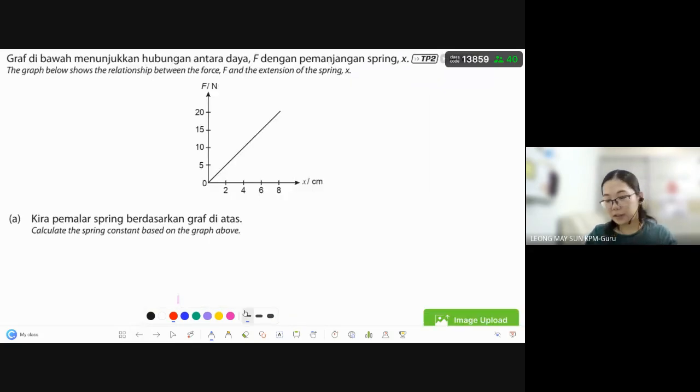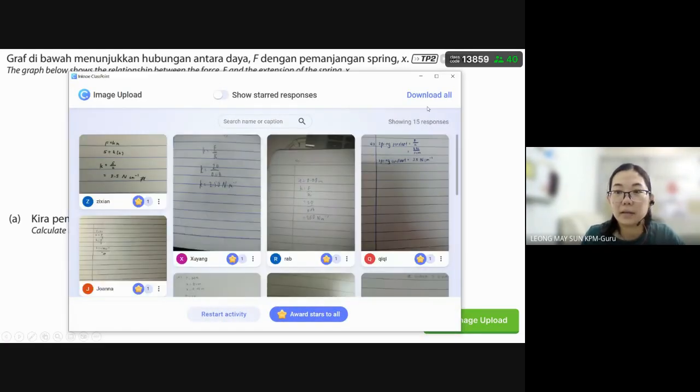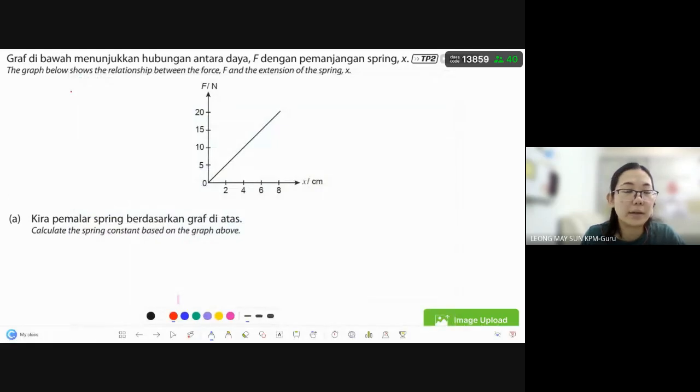For your information, this question says the graph below shows the relationship between the force and the extension of the spring. Calculate the spring constant based on the graph above. One has to emphasize the words based on the graph above.